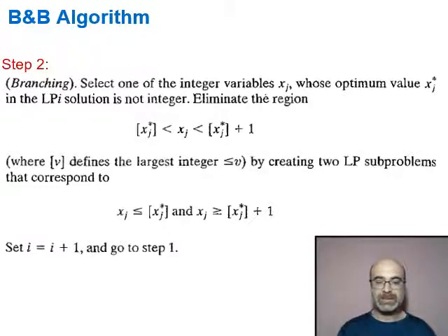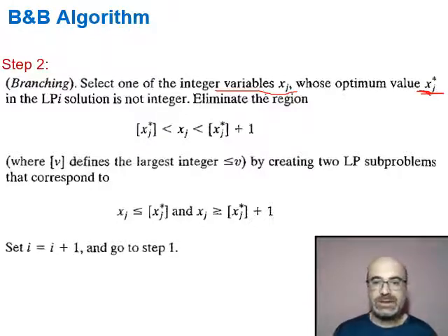And what does it say? In the LP solution, select one of the integer variables whose optimum value in the LPI solution is not integer. In the original problem, xj is an integer restricted variable, but when we solve the relaxed problem, the relaxed optimum for this LP is not integer.